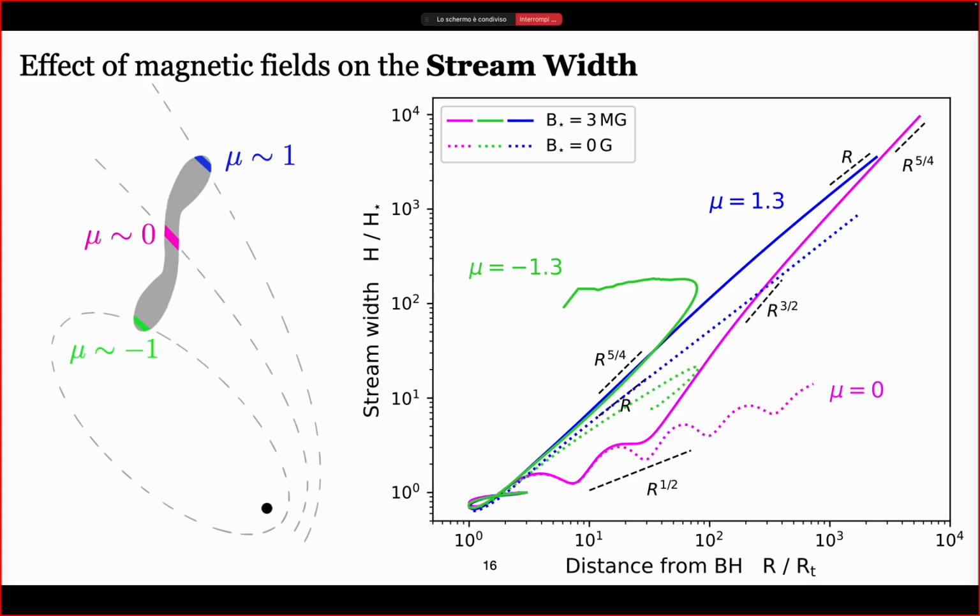As you can see up in the legend, the magnetic field that I have there is 3 megagauss, which is very big. The reason is that you need a magnetic field that is strong enough in order for this effect to happen. There are a combination of reasons for this. The main one is that the time where this deviation occurs strongly depends on the initial magnetic field.